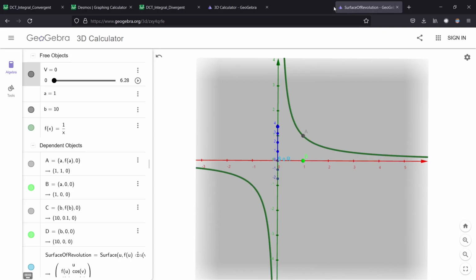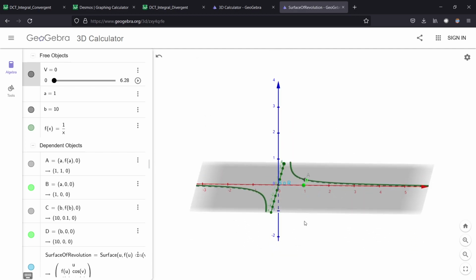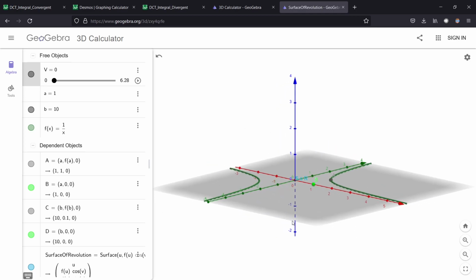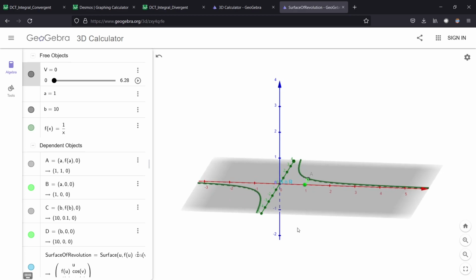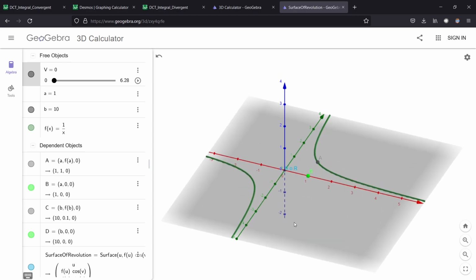So here's the GeoGebra 3D window with a plot of the function y equals 1 over x. It's this green curve right here, and it's in this plane right here. I have a third axis there because I want to demonstrate what you get when you revolve this curve around the x-axis.